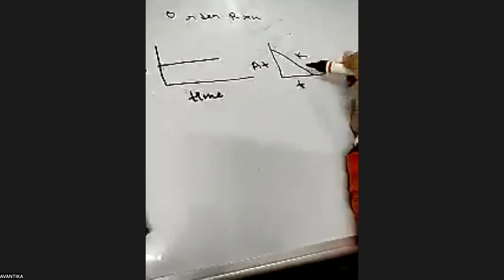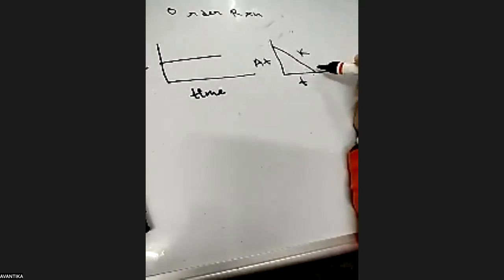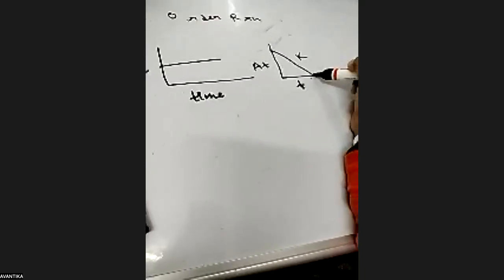And if this graph line touches the x-axis, then the value of at becomes 0.